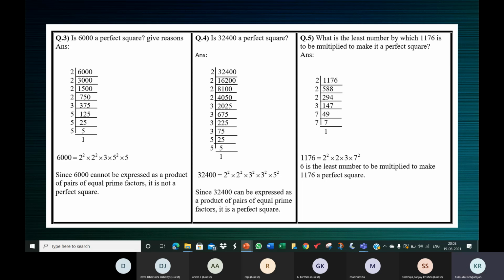Similar to question number 5. Madhumita, be quick to work that and share the answer. Yes, ma'am.